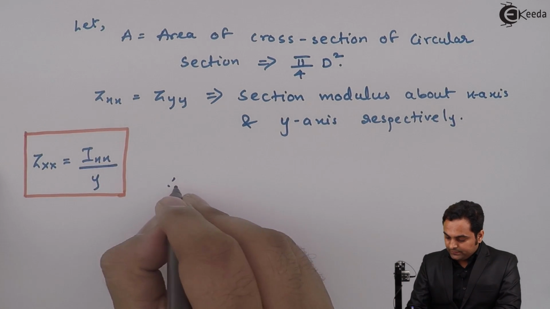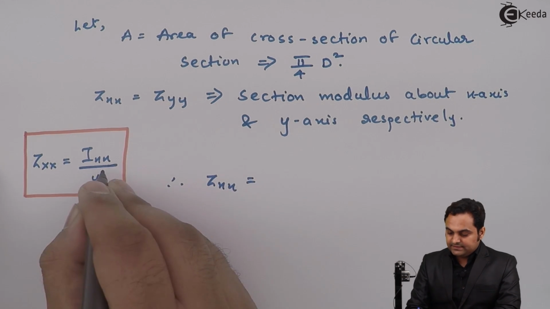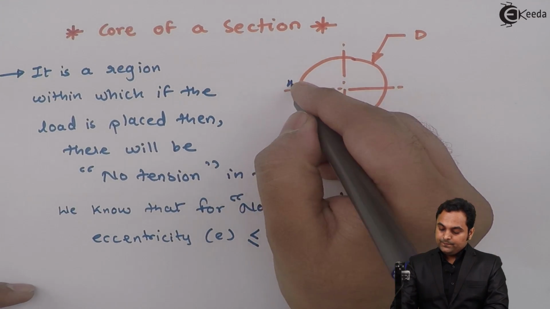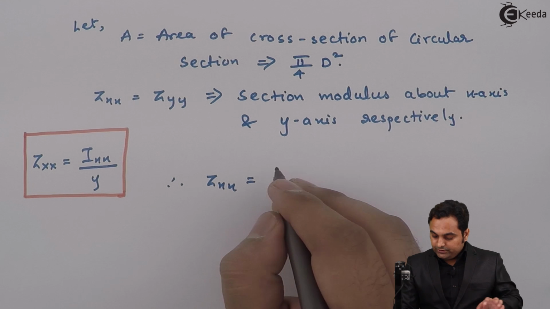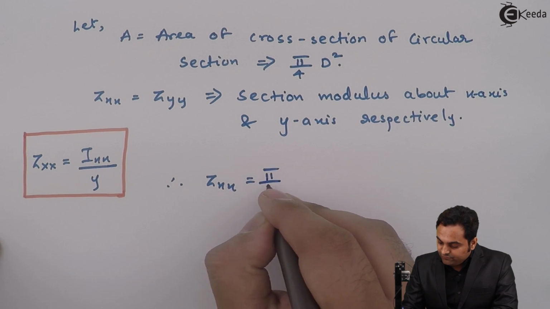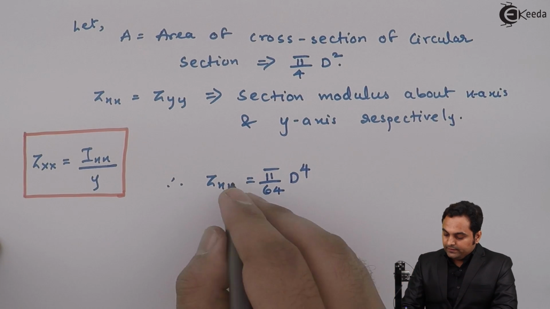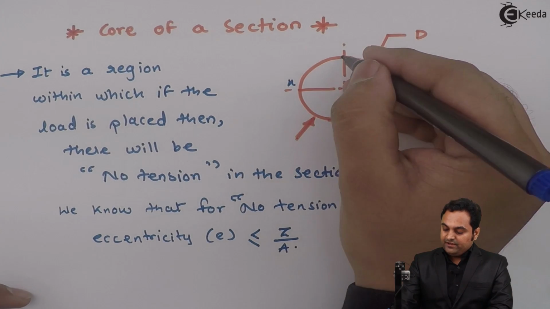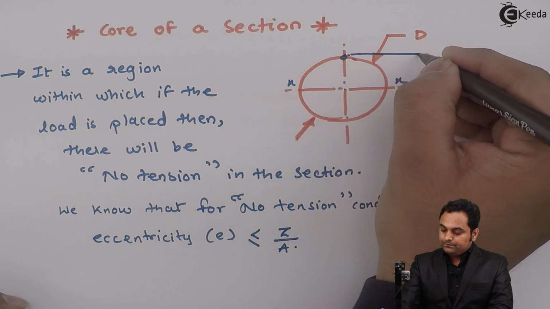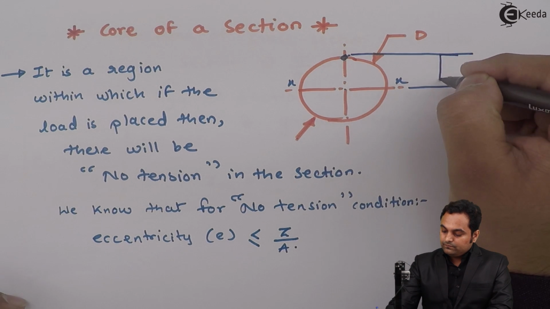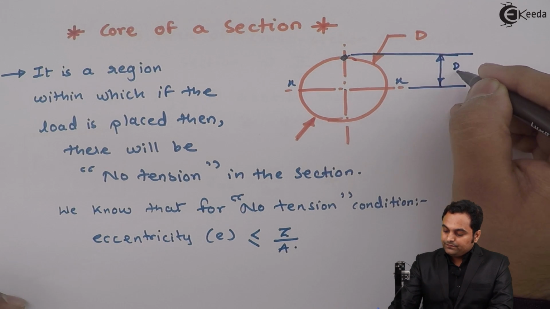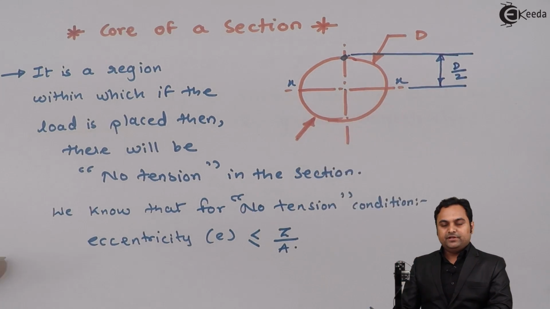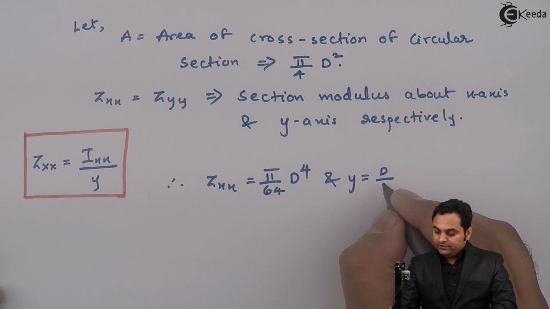So therefore Zxx will be, Ixx is the moment of inertia for the circular section about its x axis. So it will be pi by 64 D raised to 4, and y is the distance of the extreme fiber from the x axis. This distance is capital D by 2. Either we can take it at the top or bottom, it will remain same. So capital D by 2.